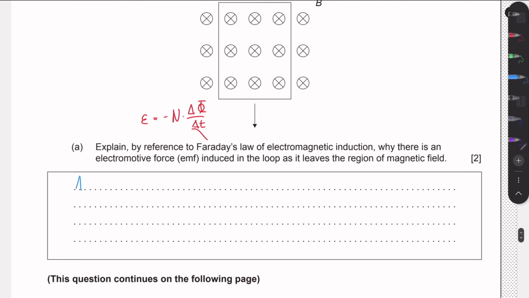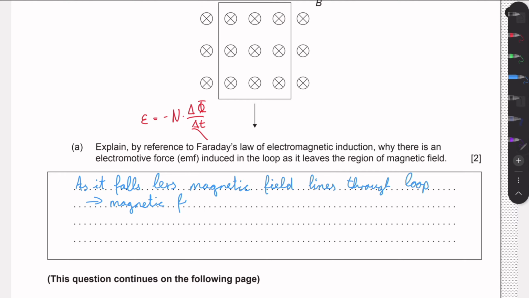So as it falls, fewer magnetic field lines go through the loop. So this means that the magnetic flux is decreasing. And this can also be thought of as the magnetic flux is changing.